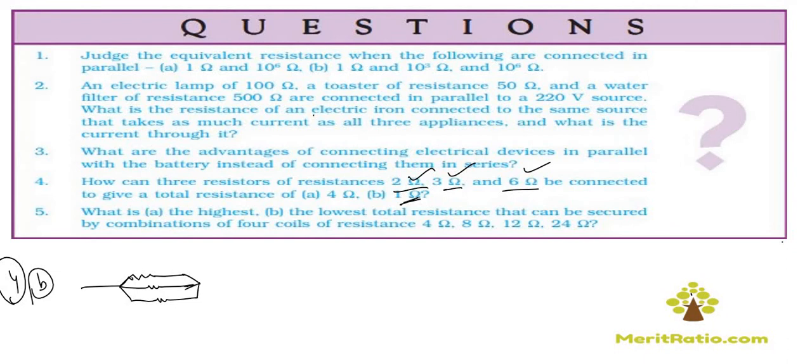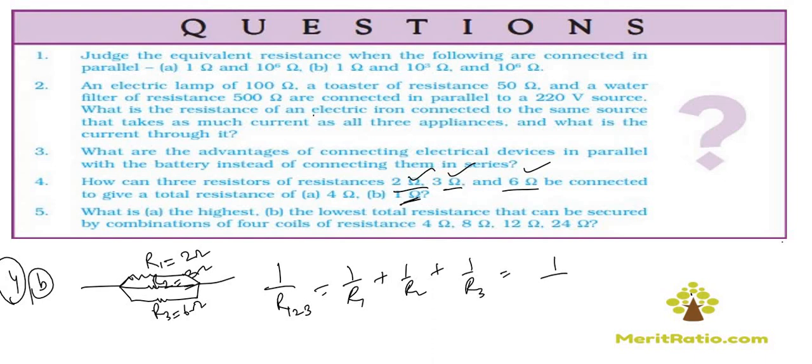R1 is given 2 ohm, R2 is 3 ohm, and R3 is 6 ohm. So we obtain 1 upon R1 plus 1 upon R2 plus 1 upon R3. As we put the values, we will get 6 upon 6, because 3 plus 2 plus 1 gives 6. So R123 is equal to 1 ohm.